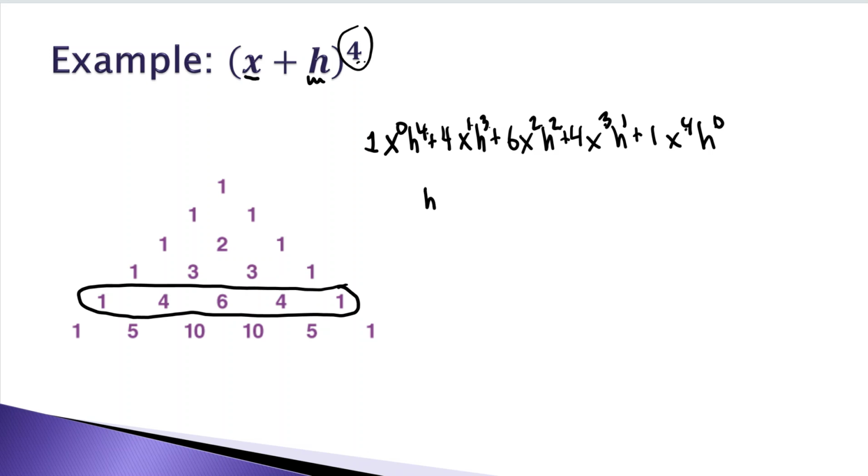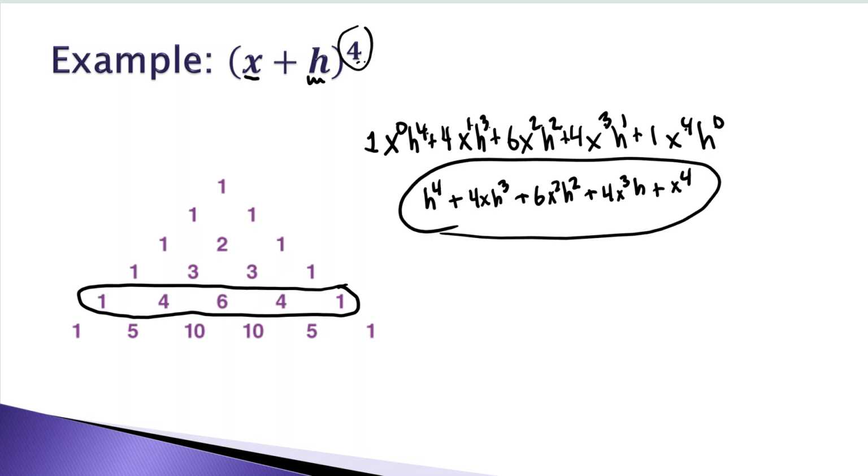I would write it as h to the 4th plus 4x h cubed plus 6x squared h squared plus 4x cubed h plus x to the 4th. And there I have it. My multiplication, I would still probably be working on the x plus h to the 3rd power, and I've already got it finished here.